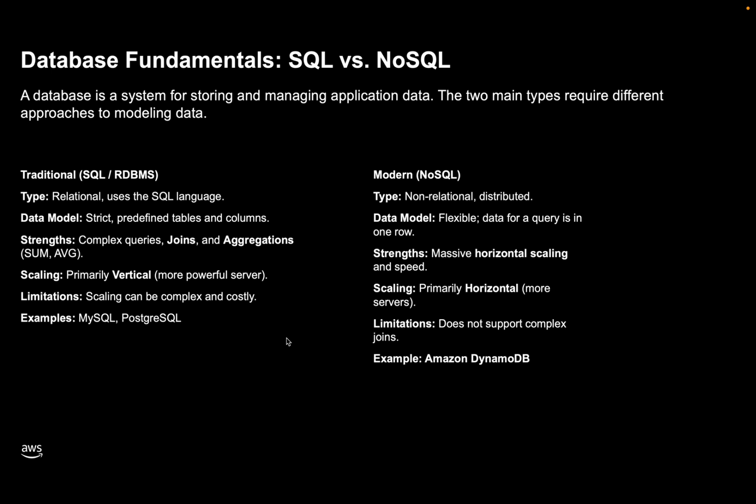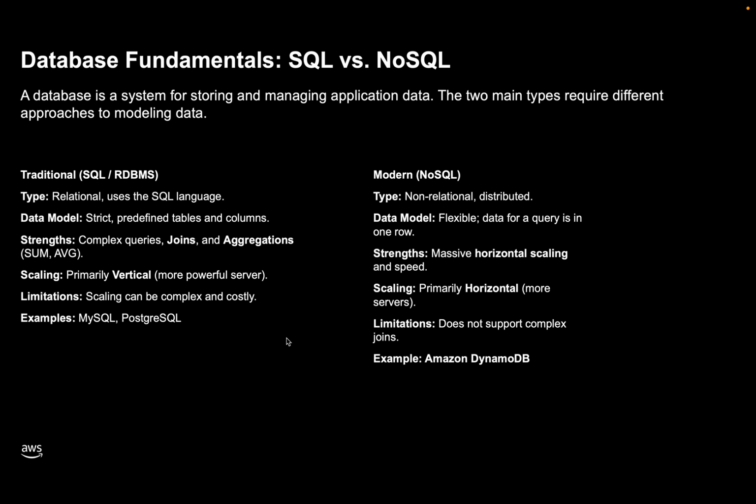In the SQL database, the data is stored interconnected in tables, which we call a relational database, and we can fetch all the results from the database using the SQL language. And a non-relational database is in a distributed form. We have keys, and we have attributes for the NoSQL database.